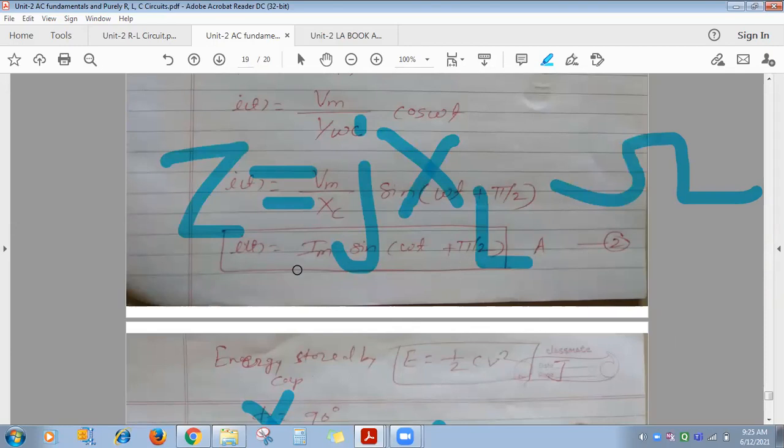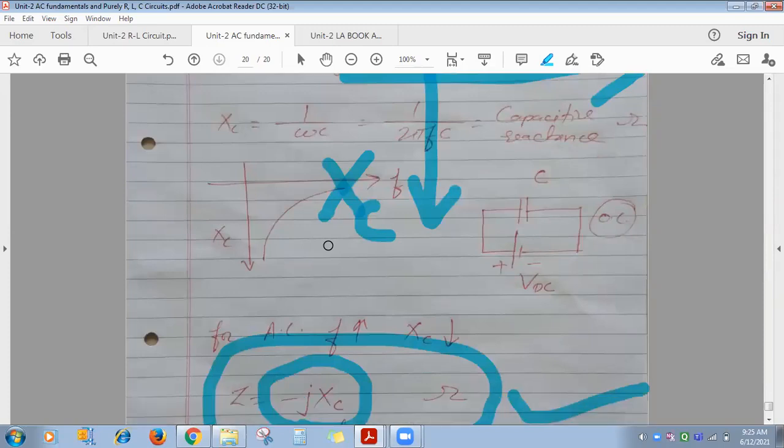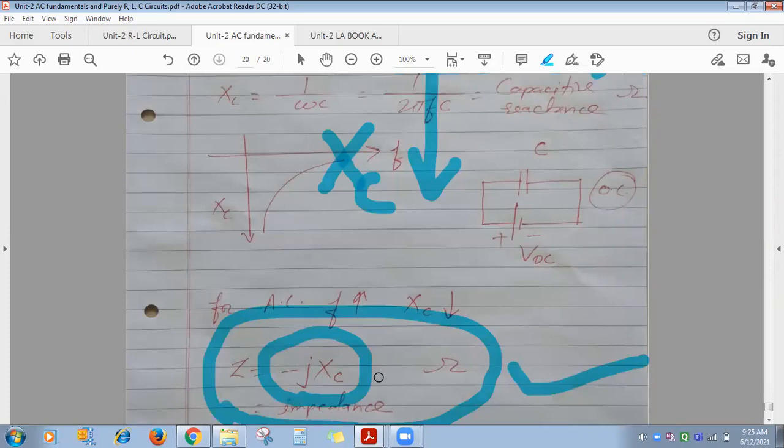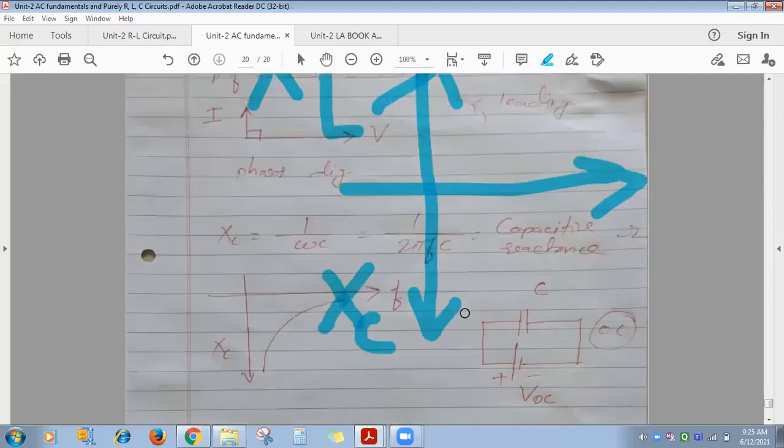For a purely inductive circuit, you may be asked either XL or Z. So Z will be plus JXL, unit is ohm. And for a purely capacitive circuit, if you are asked XC, 1 divided by omega C, you can calculate. But if the options are in rectangular form and you are asked to calculate Z, it will be minus JXC, ohm. So plus JXL, minus JXC.